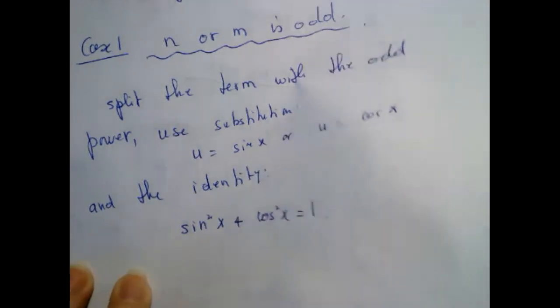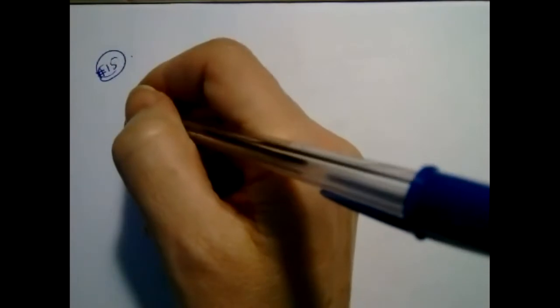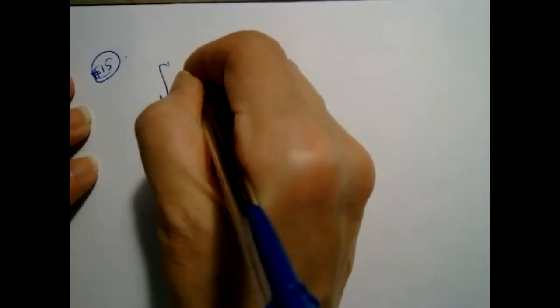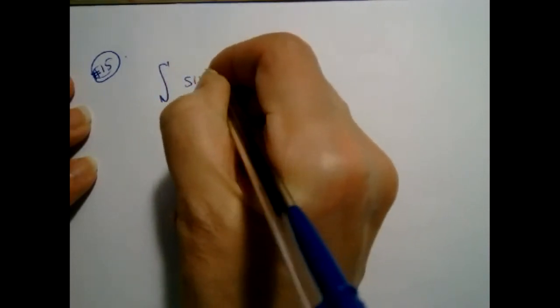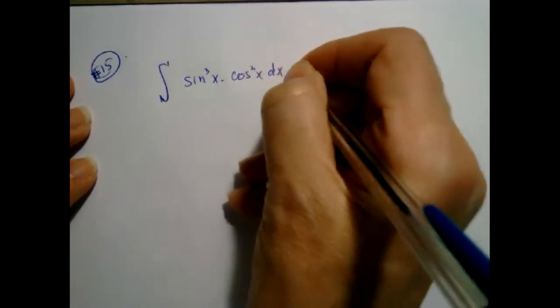All right, so this is it. Number 15, integral of sine cubed cosine squared.